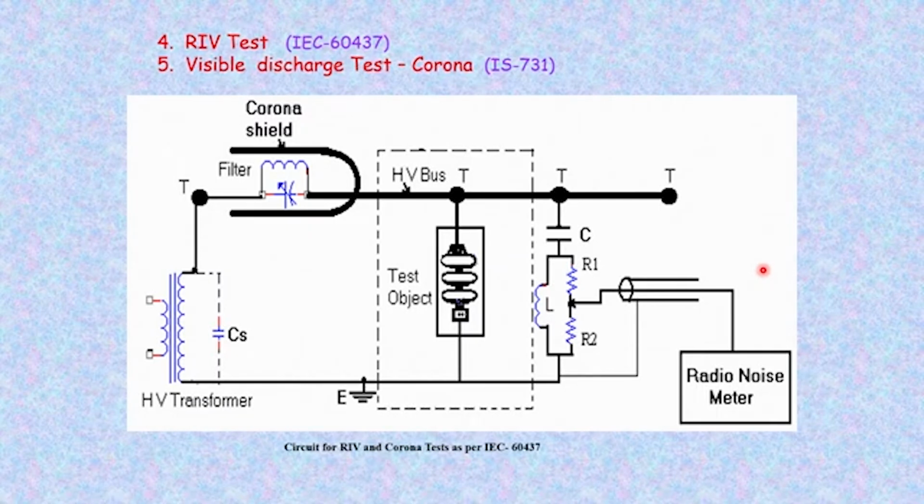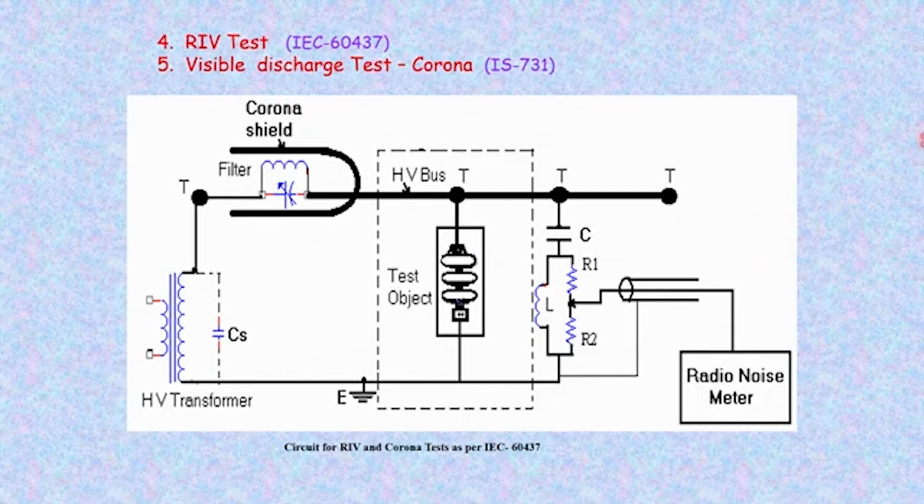The entire laboratory is made completely dark, the voltage is energized to the specified level of the equipment, and the discharges are monitored on the equipment under test. When the voltage is increased and discharge starts, it is noted as the inception of corona discharges, and when the discharges die out, that is known as the extinction value. This is how visible discharge experiments are carried out in the high voltage laboratory.